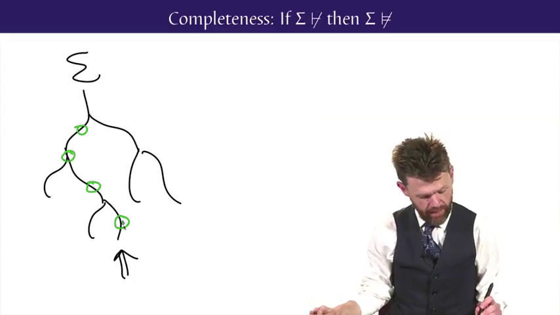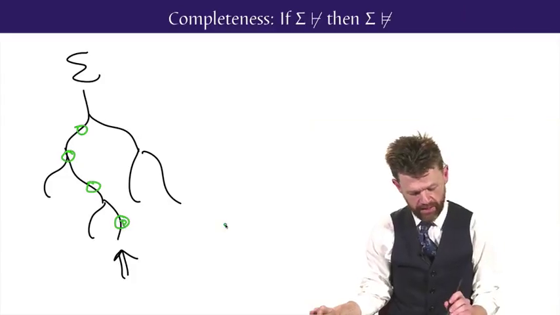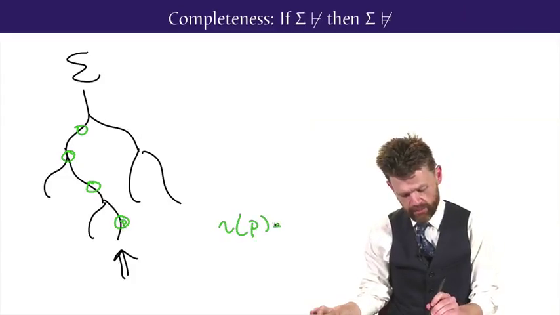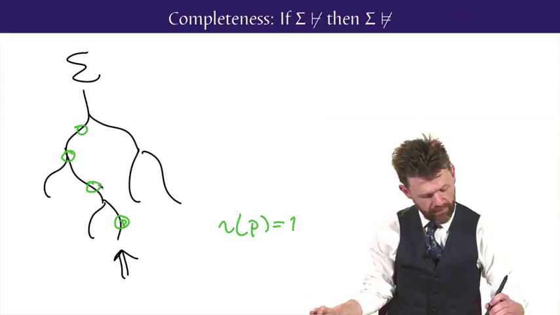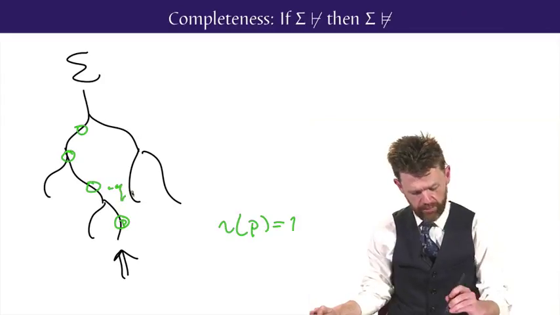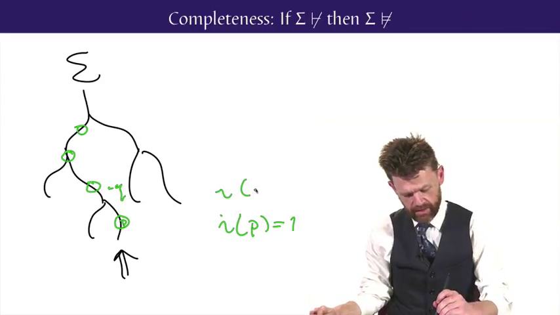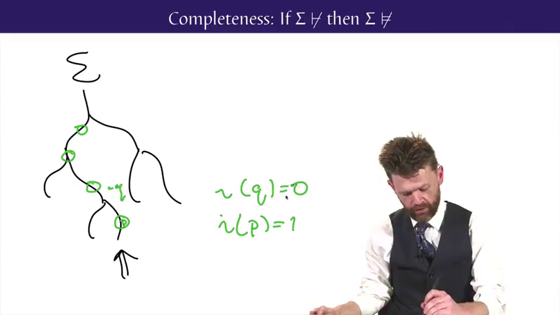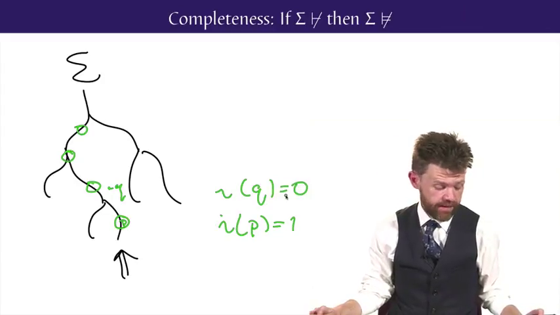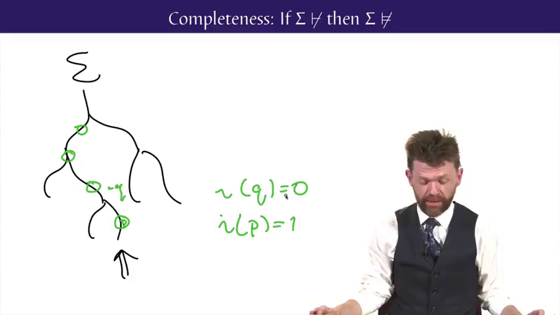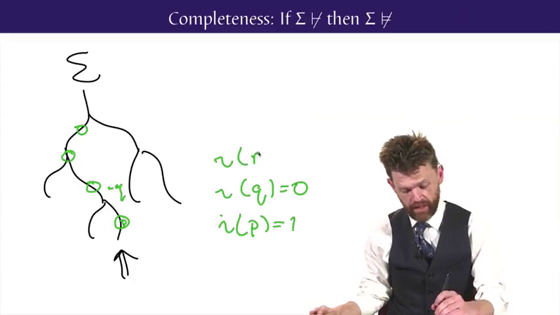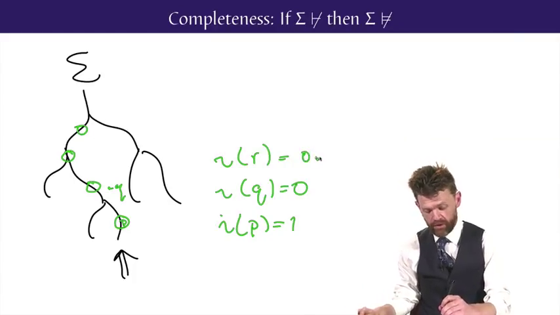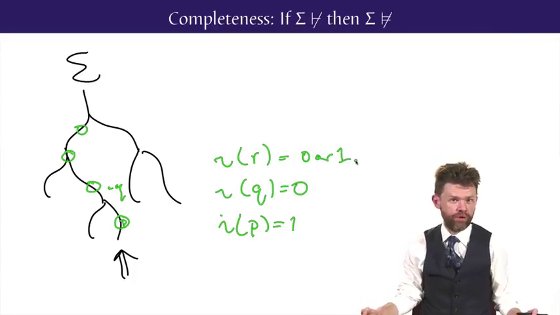So if I have P in my branch, then my interpretation is going to make P true, and if I have not Q in my branch, then my interpretation is going to make Q false. And if my language contains the formula R, but neither R nor not R is in the branch, then I'll interpret R with 0 or 1, whichever I choose.